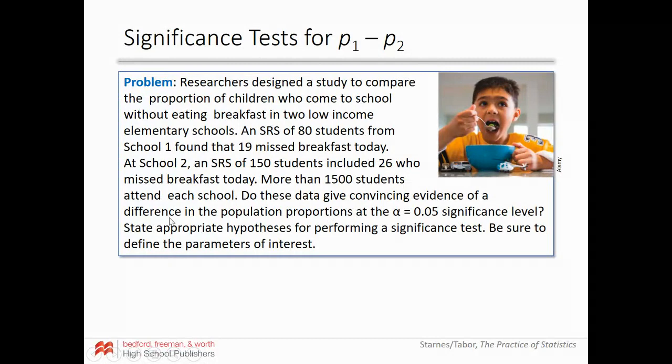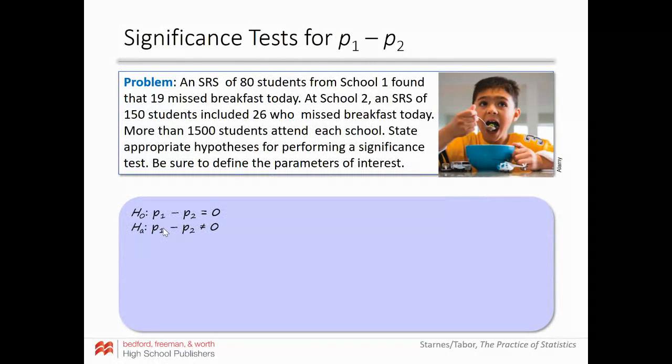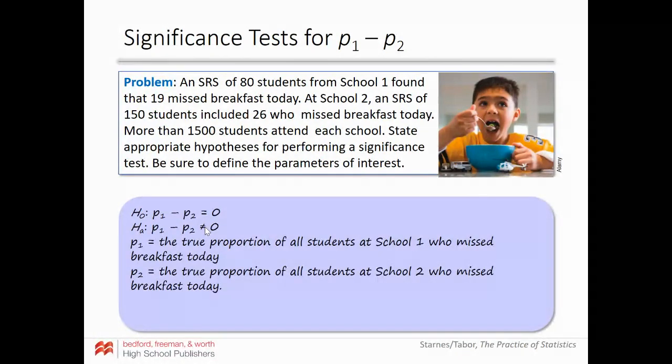So it just says difference. It doesn't say that school 1 is bigger than school 2 or school 2 is bigger than school 1. It just says a difference. So with a difference, it just means that it's not equal to 0. They're not the same. So that's why we're going to have a does not equal here, which is going to result in a two-sided or a two-tailed test.